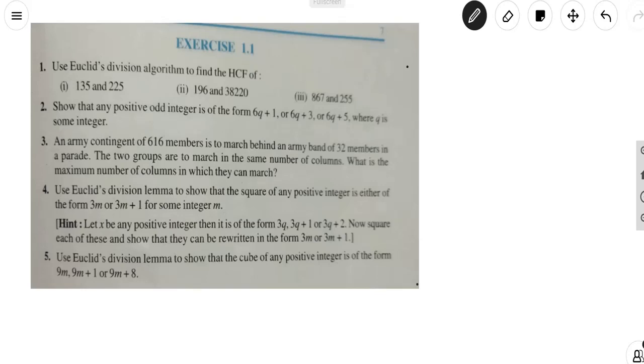Now if you see this question 2: show any positive odd integer is of the form 6q plus 1, or 6q plus 3, or 6q plus 5, where q is some integer. I hope you have gone through the question.